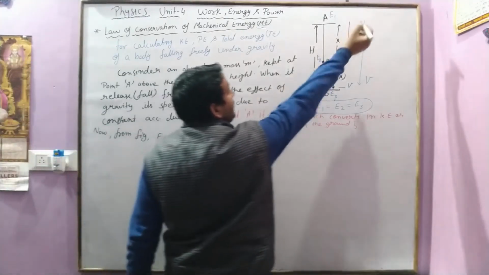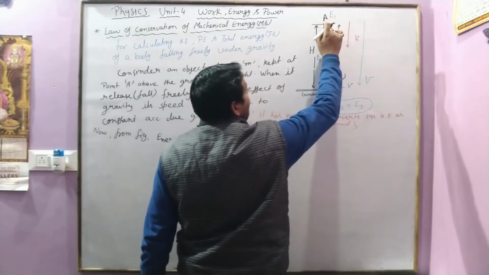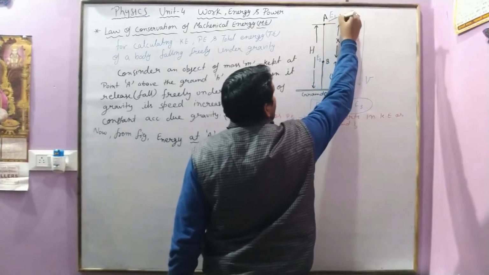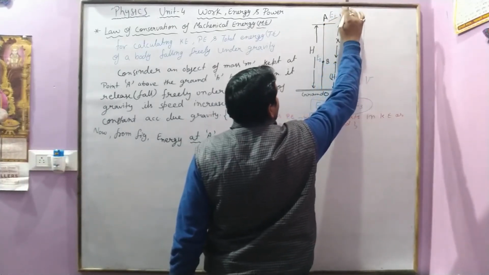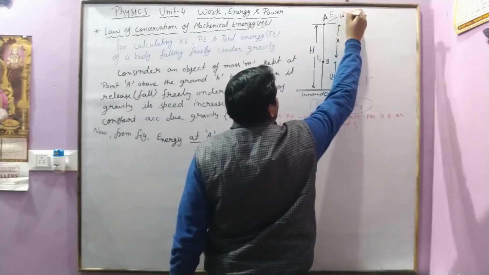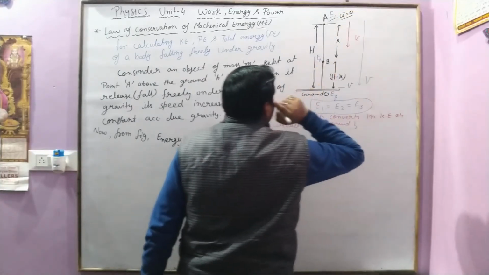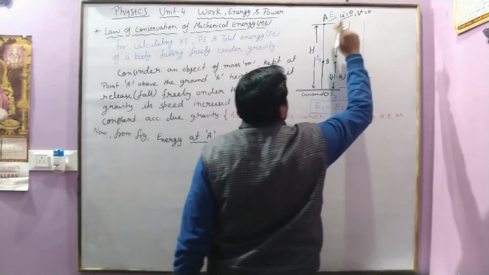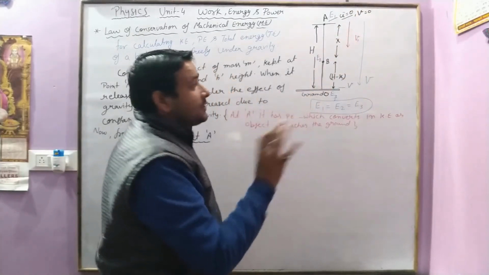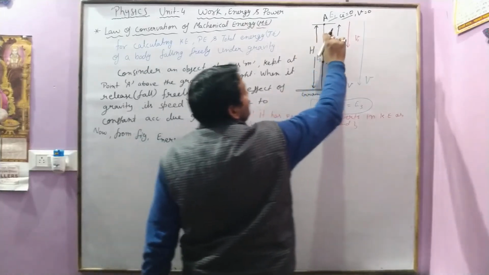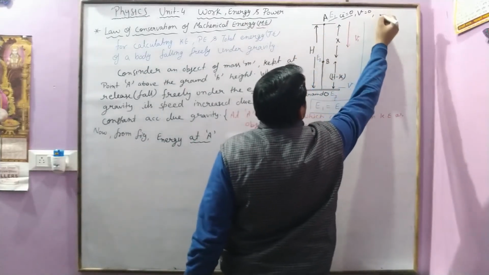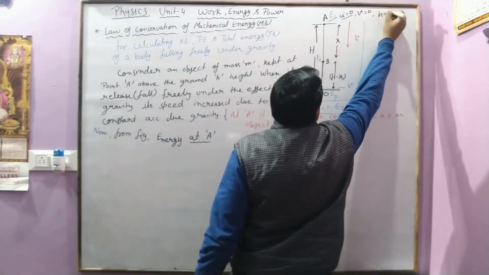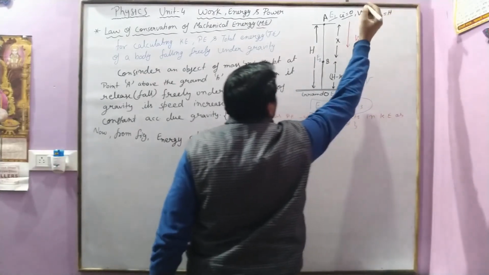Okay, now here students, if the object is kept here, then its initial velocity u is equal to 0, and the final velocity is also 0 because it has not yet started. So it has height h.